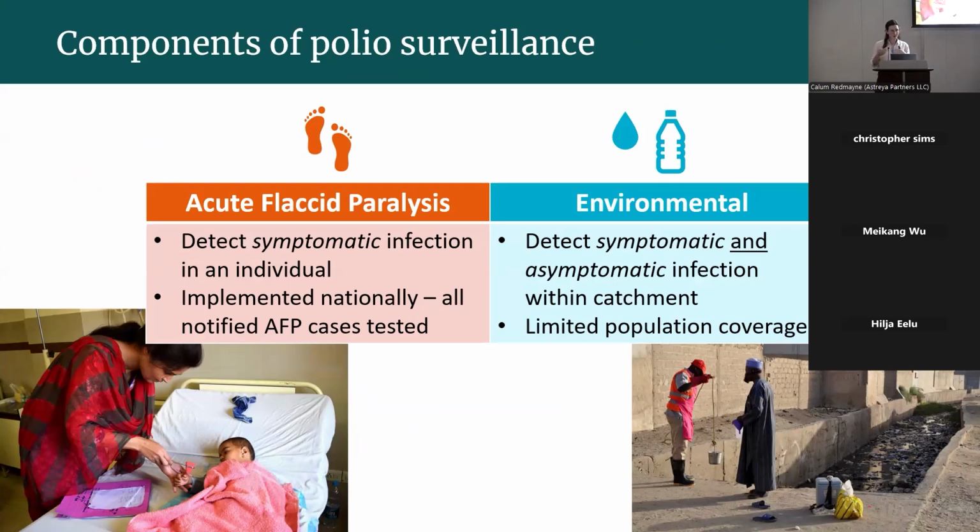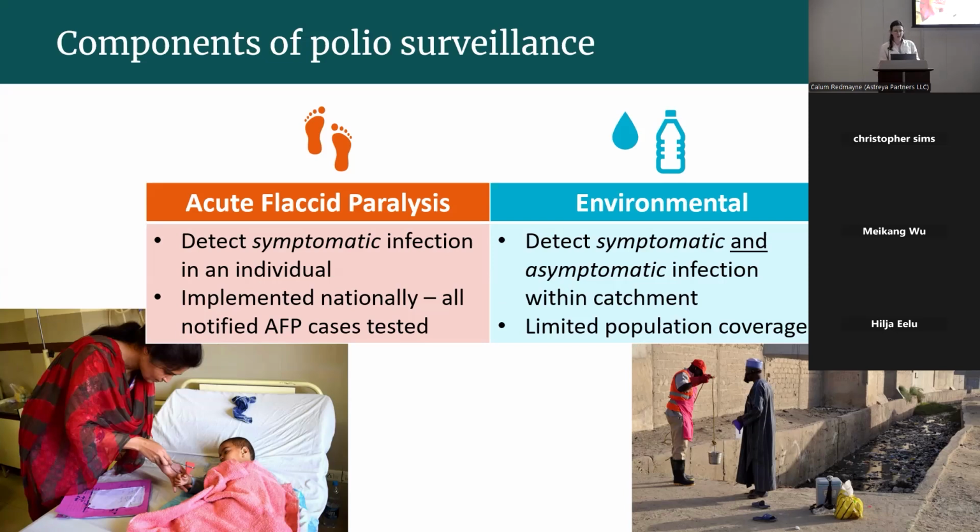So that is a limitation in terms of its representativeness of infection. But it is something that's implemented nationally. So regardless of where in the country the case is notified, it still triggers the same surveillance response. So in theory, everyone who is covered by the primary care system should be covered by this surveillance system.